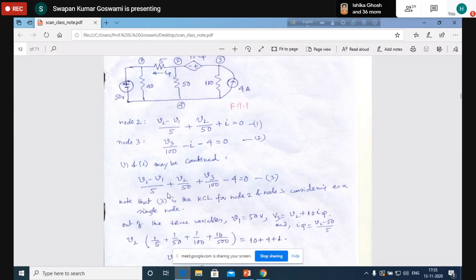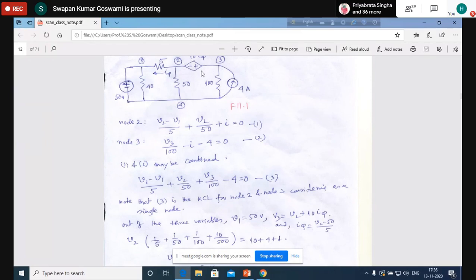And this has become possible because node 2 and node 3 are joined by an ideal voltage source. There is no series resistance connected with the source. There is no series impedance connected with the source, as if these two nodes are connected through an ideal voltage source.